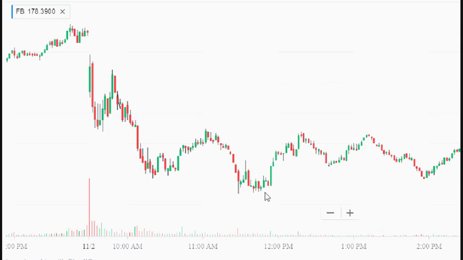Now, another way that you know that it's the end of the move, besides the fact that it's not much lower than this low, is that it's getting to be lunchtime. Almost every day around 11:30 to 12, momentum ends in trading and it can really slow down.